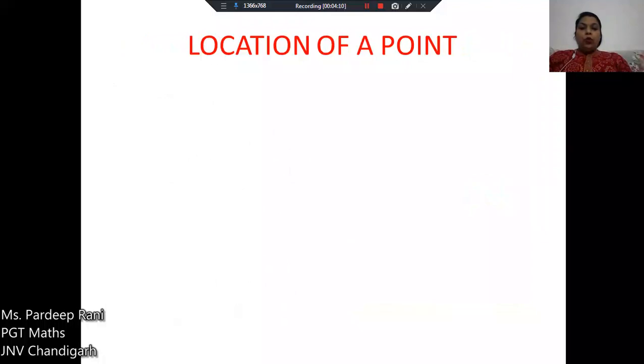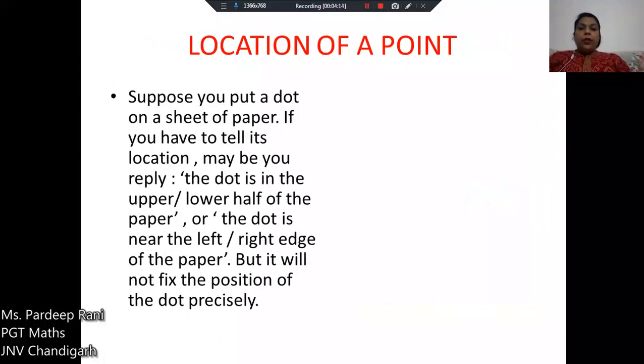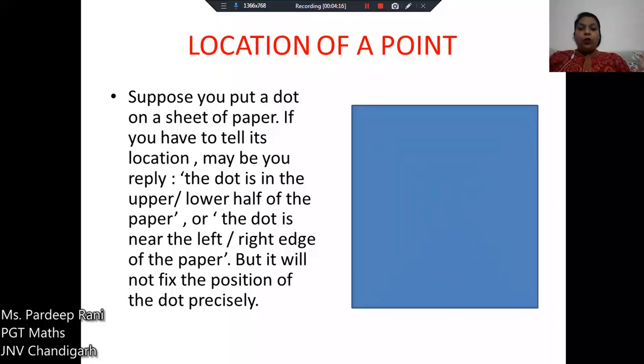Now we come to know about the location of a point. Dear students, if you put a dot on a sheet of paper and you have to tell its location, then we will say that either it is on the left edge of the paper or on the right edge of the paper, or in the upper half of the paper or in the lower half of the paper.